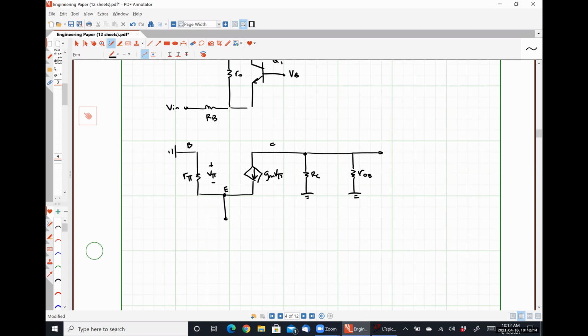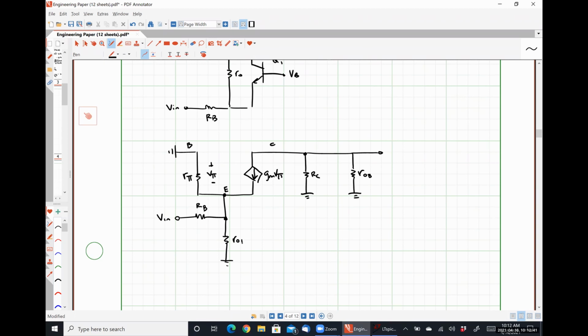At my emitter, I have that resistance RB. Here's where I apply my input signal. And then I also have a Miller resistance of R01. So this guy is fairly complicated.